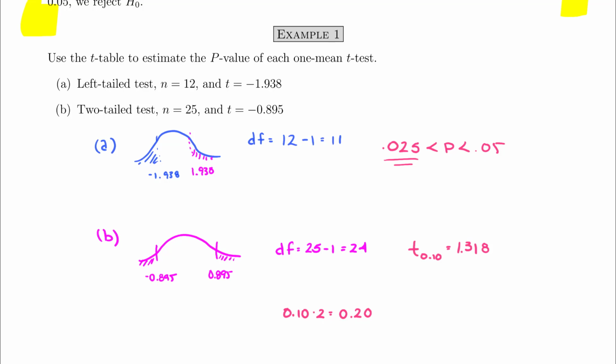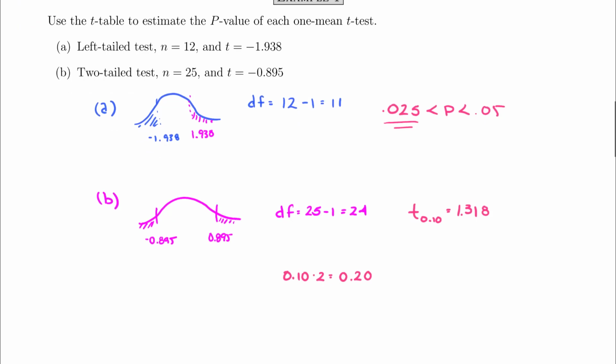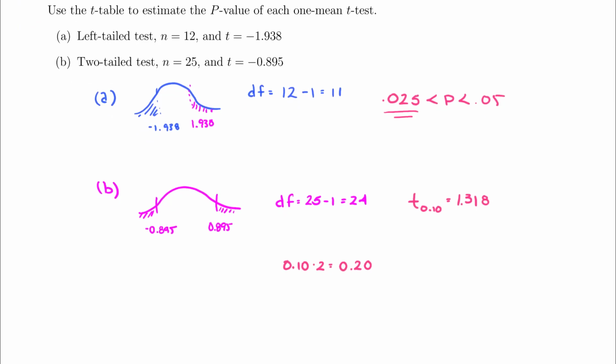And we are talking about if P is greater than 0.20, then we would not be able to reject the null hypothesis. However, if P is less than 0.20, we would be able to reject the null hypothesis.